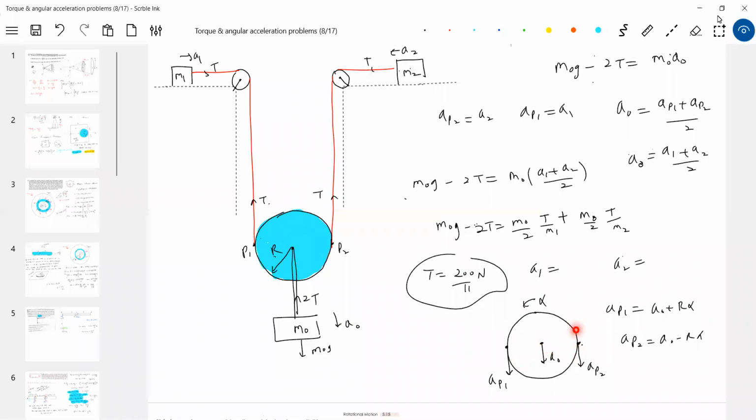So can we calculate alpha? Yes, we know AP1, we know A1, A2, and we know A naught. So we'll get alpha. After getting alpha, what is in fact alpha? You can write delta omega by delta t.